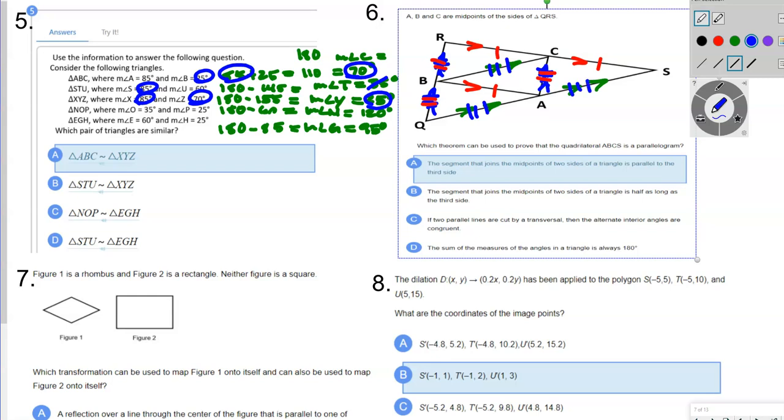And it says, which theorem can be used to prove that quadrilateral ABCS is a parallelogram? So, based on what we marked, let's use purple. AB is here, and what does it say? CS.